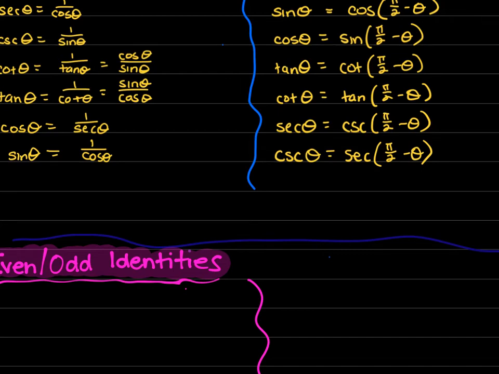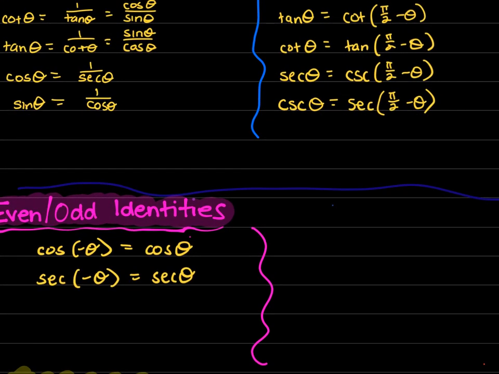Remember that cosine and its reciprocal function, which is secant, are the even ones. So the cosine of negative theta is the same thing as cosine of theta. And secant of negative theta is the same thing as secant of theta. So these are the even ones.